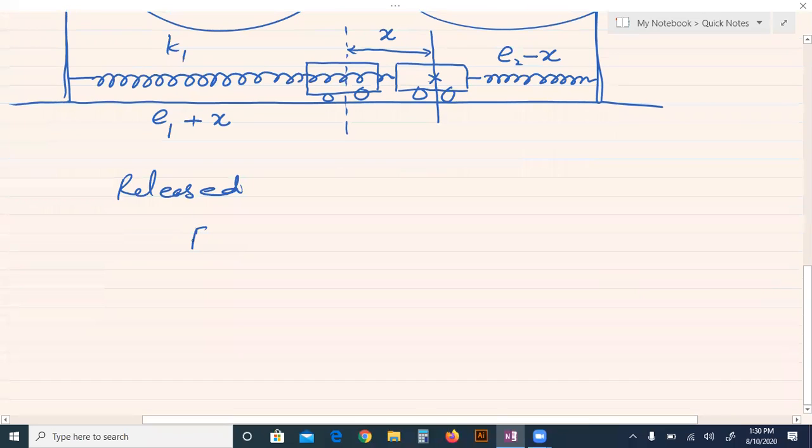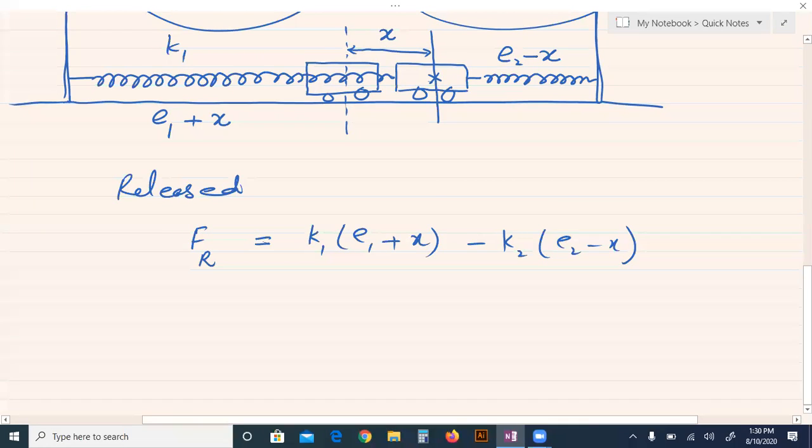So the resultant force will be the larger force minus the smaller: K1 (E1 plus X) minus K2 (E2 minus X).